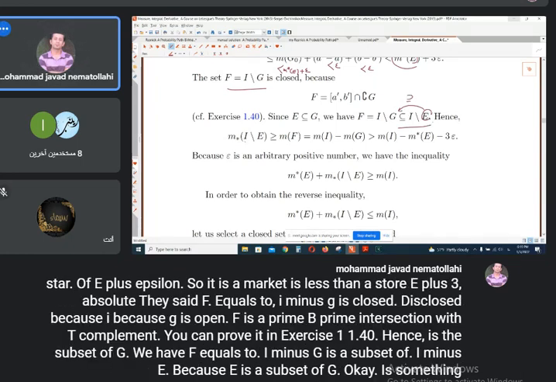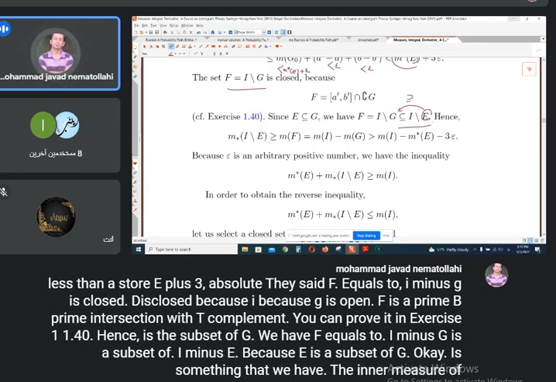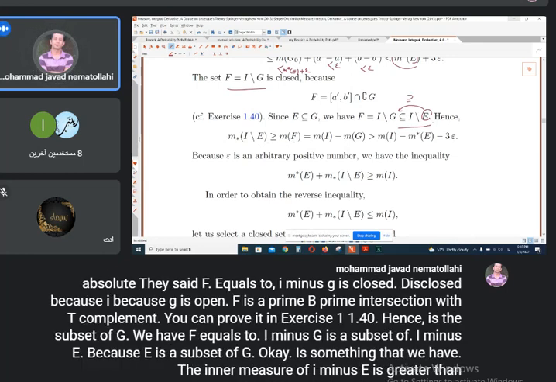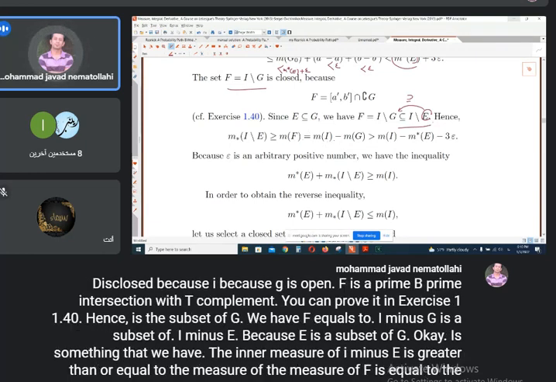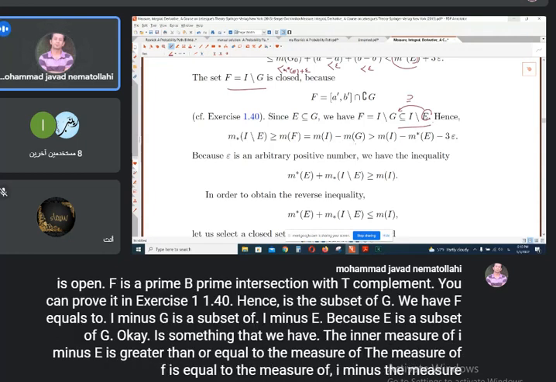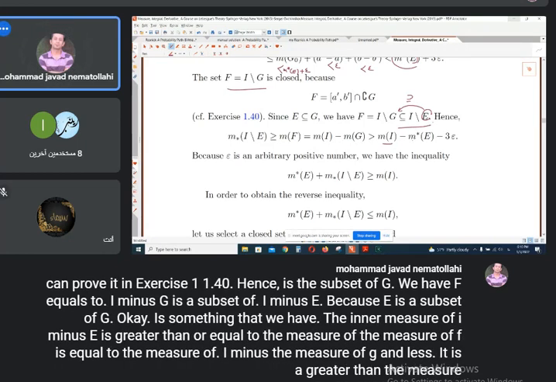Hence, the inner measure of I minus E is greater than or equal to the measure of F. The measure of F is equal to the measure of I minus the measure of G, and it is greater than the measure of I minus this one.